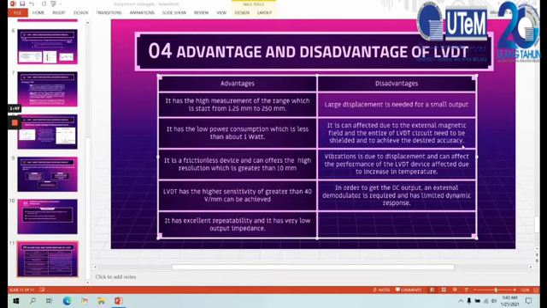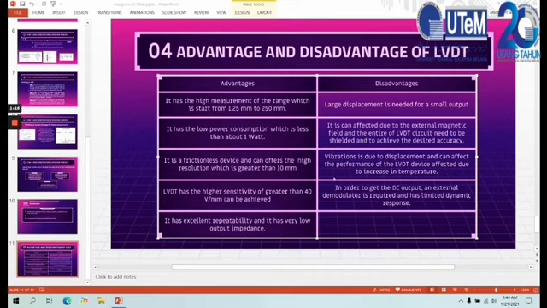If the entire LVDT cannot be shielded, the accuracy cannot be achieved. LVDT can be affected by the external magnetic field.